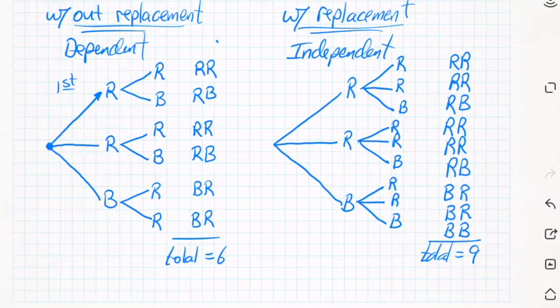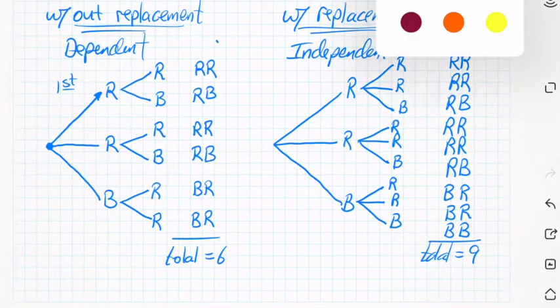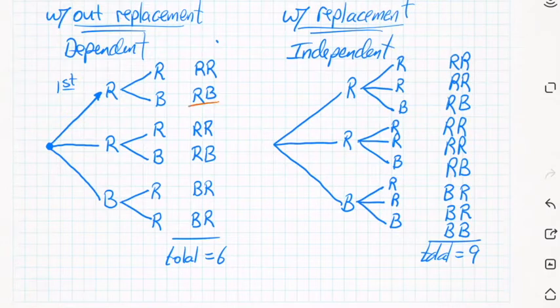All right. So if I say, what's the probability of selecting a red first and then a blue second under the without replacement, the dependent set, red first and blue second, that happens here 2 times. So this would be 2 out of 6, or better known as 1/3.